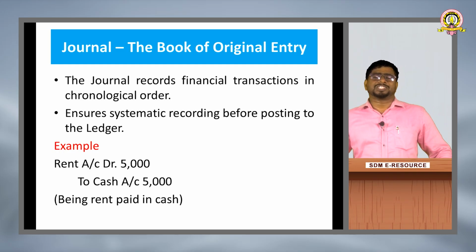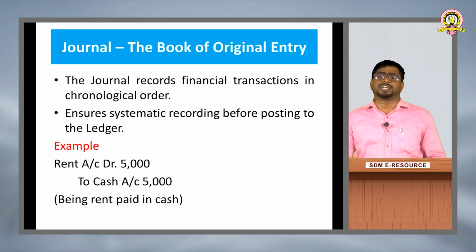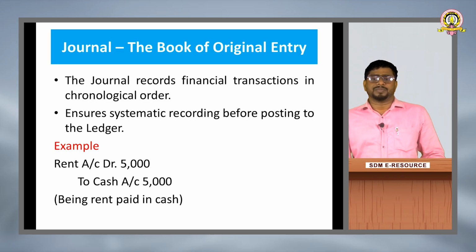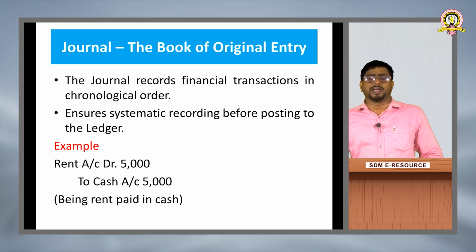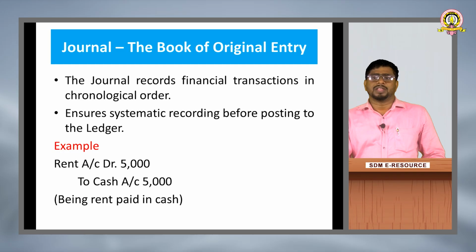That's why the business transactions are first recorded in the journal, therefore it is called the book of original entry. One example I have given for a journal entry: rent paid in cash, rent account debited to cash account, and you can see the narration, like being rent paid in cash.